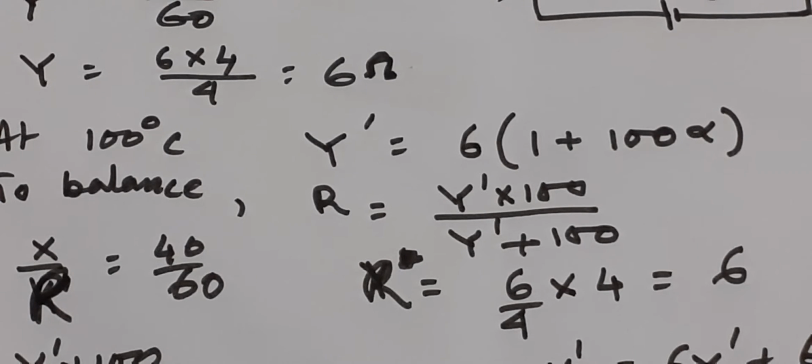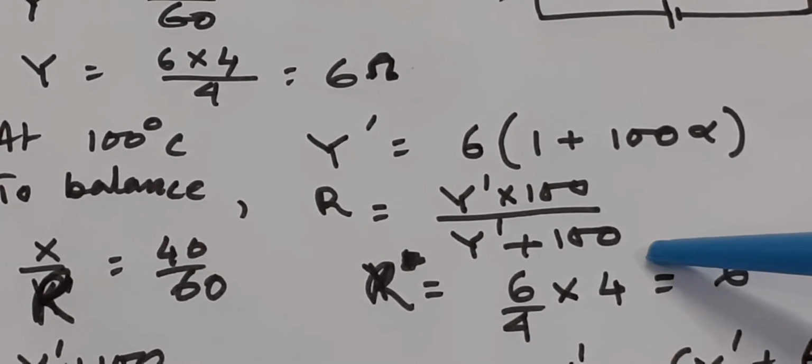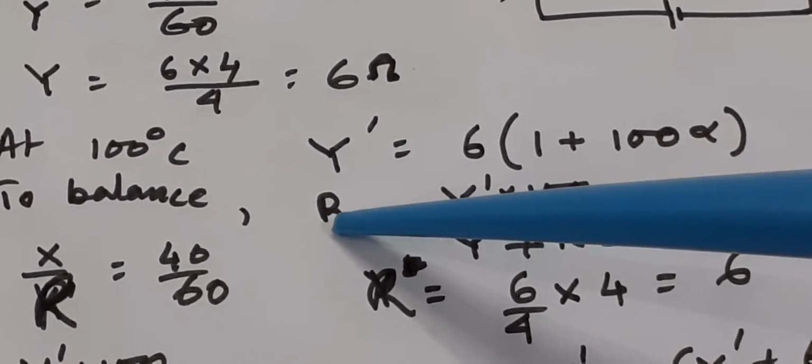Initially it was 6, now it will be Y dash. Now a 100 ohm resistor has to be connected to get the same null point. I mean parallel 100 ohm resistance means that the equivalent resistance will become Y dash into 100 divided by Y dash plus 100, and this is the present resistance.